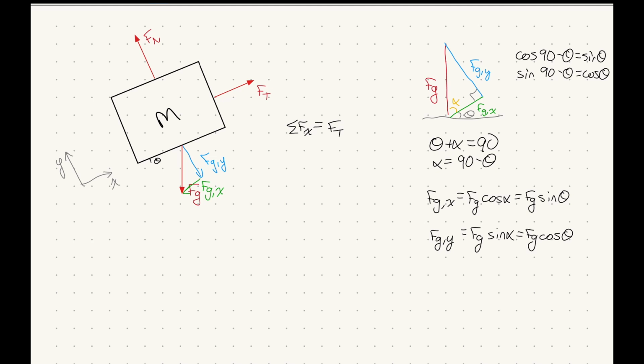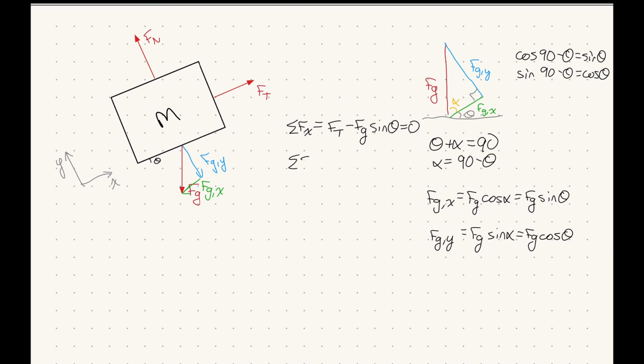So we see that the gravitational force in the x direction is in the negative x direction, and its value will be the gravitational force sine theta. So we'll write tension minus gravitational force sine theta is equal to 0. Now we can do the equilibrium equation in the y direction.